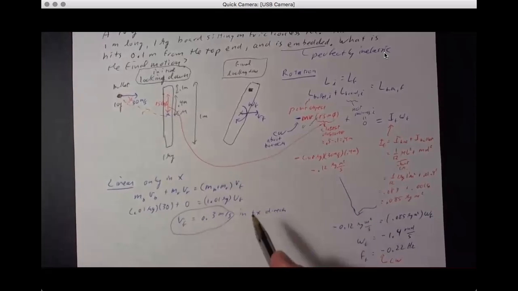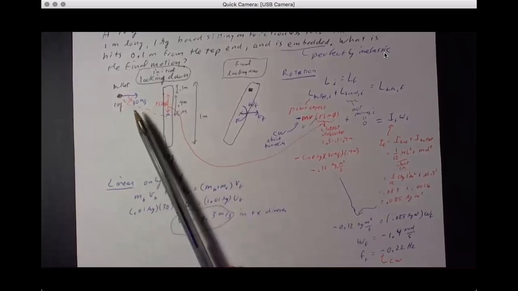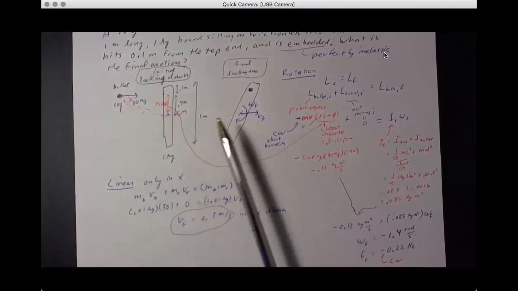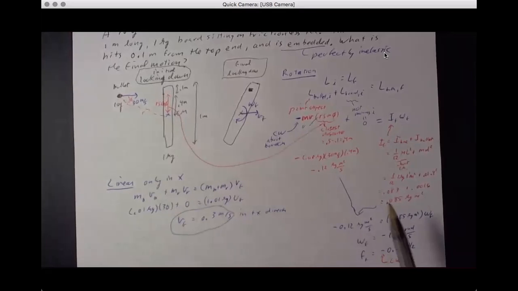So it's moving slowly. Because the bullet doesn't weigh that much compared to the board, it doesn't make a big difference. It's slowly moving along and slowly spinning around as it goes.